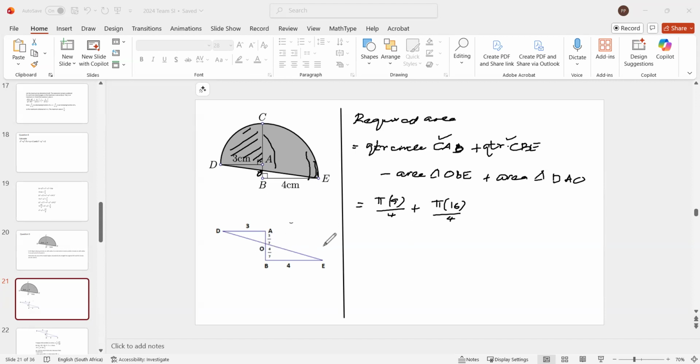All right, now if you'll notice now that the AB itself, from there to there, is actually equal to CB minus CA. This part here is the large radius, minus the small radius.